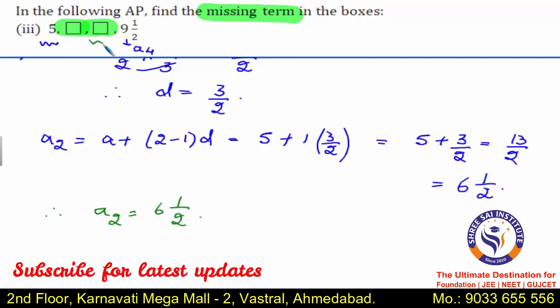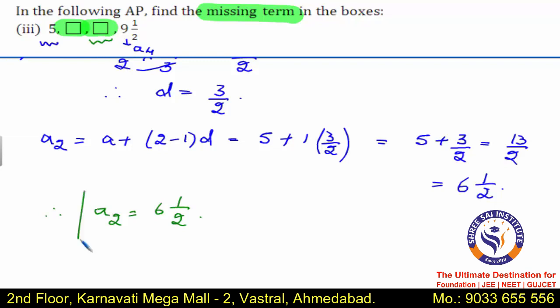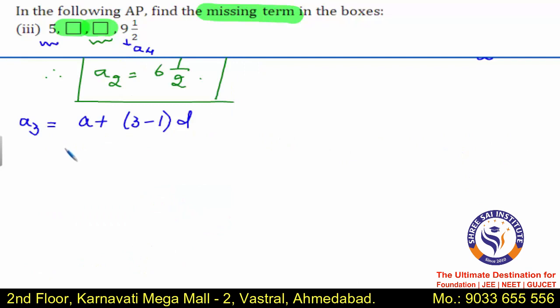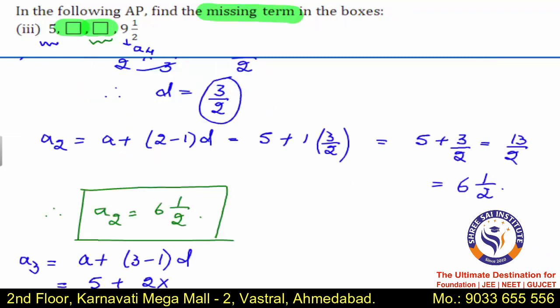And also we have to find the third term. Now the third term is given by A plus 3 minus 1 into D. That is 5 plus 2 into D, which is 3 upon 2.